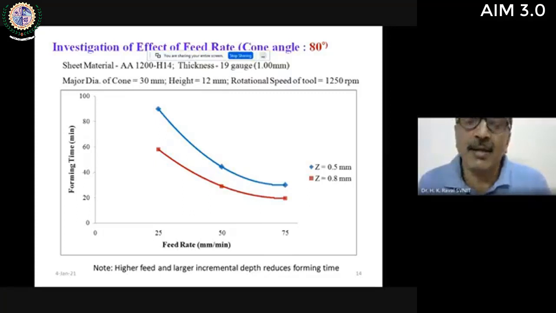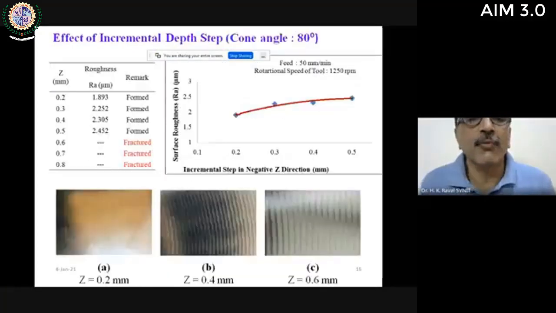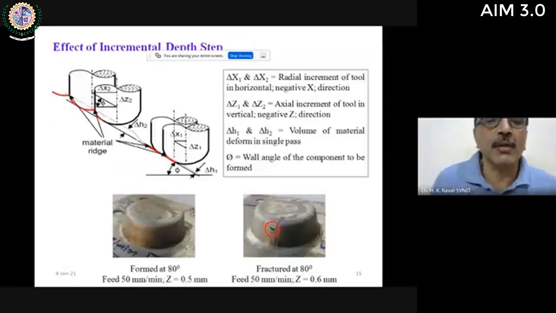But at the same time, you have to balance what the Z should be. To understand that, let me put forward this particular picture. You can see two different Z's are discussed here. If Z is high, if the amount of tool descent is more, a bigger amount of material remains, which is called undeformed material.